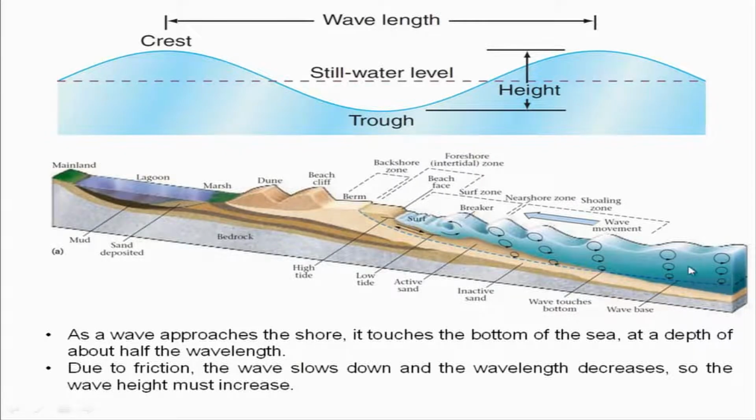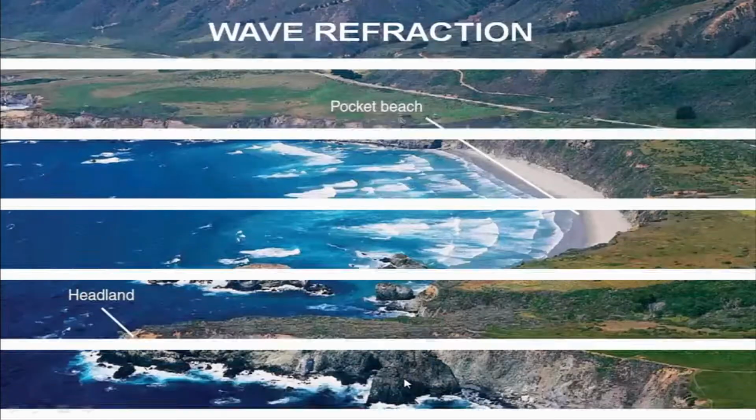In the deeper portion the motion will be different, and close to the coastal region it will be different. As the wave approaches the shore, it touches the bottom of the sea at a depth of about half of the wavelength. Due to friction, the wave slows down, the wavelength decreases, and the height increases.